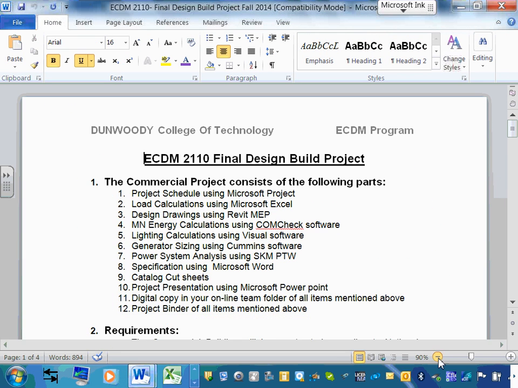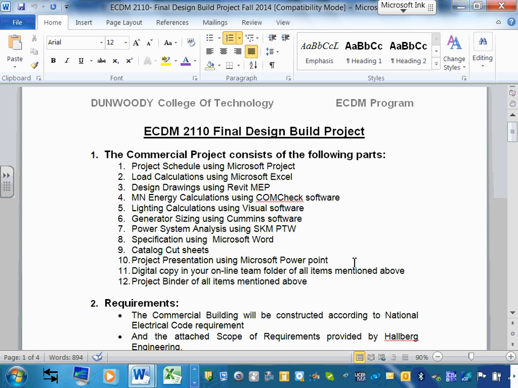Do me a favor, if you guys go to this document, this is the second document, first tab. 2110 Final Design Build project.